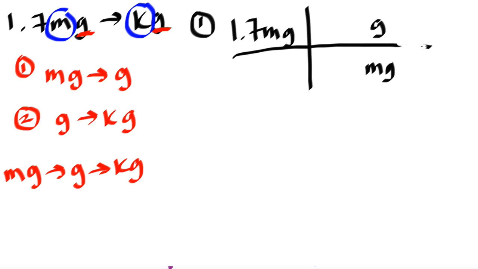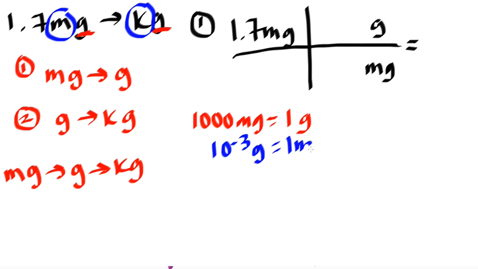And here's where you're going to get your prefixes. I'll use the table. Again, just like I've done, you're either going to say 1,000 milligrams in 1 gram, or you can say there's 10 to the negative third grams in 1 milligram.